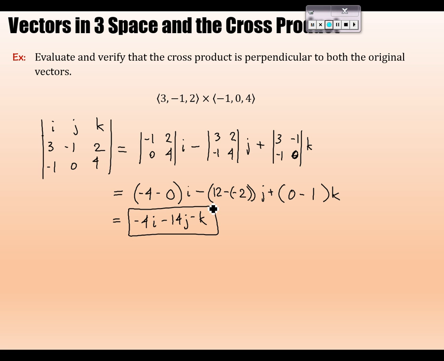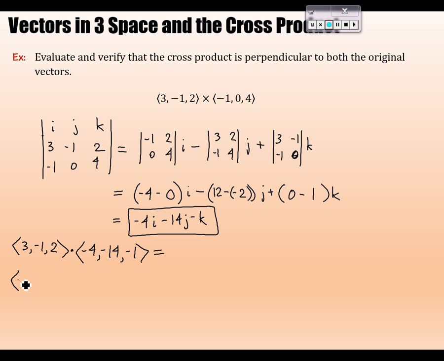And then the thing I promised we're going to check now, that the dot product of this with either of the original vectors will be 0, right? Because we said that would be true. So if we take 3, -1, 2, and dot it with our vector, -4, -14, -1, do we get 0?